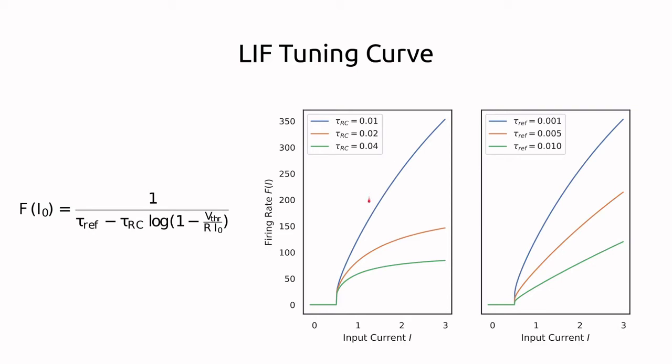the firing rate curve is lowered. And this is because it takes longer to charge up to the voltage threshold, so the stimulus needs to be stronger to evoke the same firing rate. Likewise, as we increase the refractory period, we lower the tuning curve. But as you can see, the shape doesn't bend in the way that it does here in the green line.